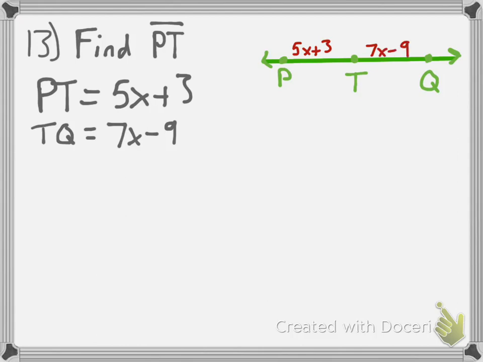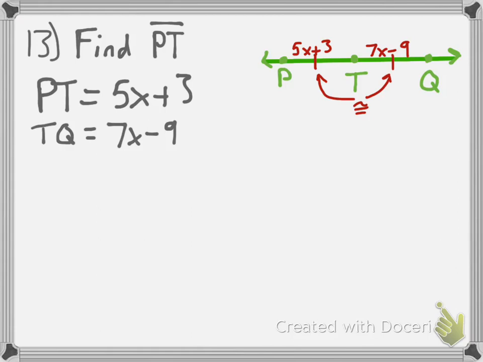There's one really important piece of information that I did not put on this drawing that's in your book. It's this mark here and this mark here. Those are called tick marks. What that tells us is that those two things are congruent, or equal to each other. So if we know these two segments are equal to each other, we can write an equation where they're equal to each other.